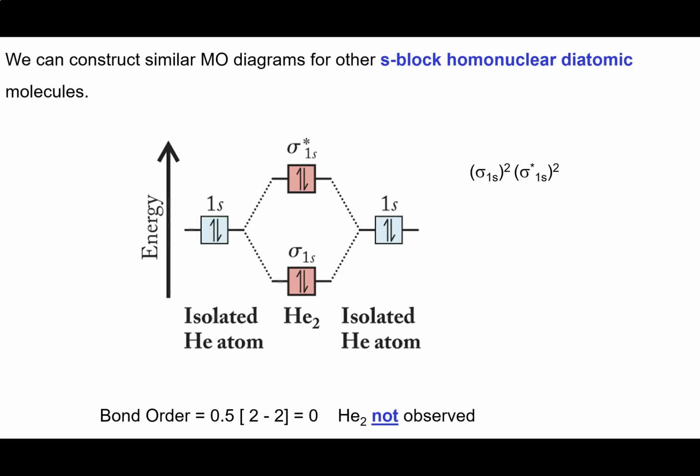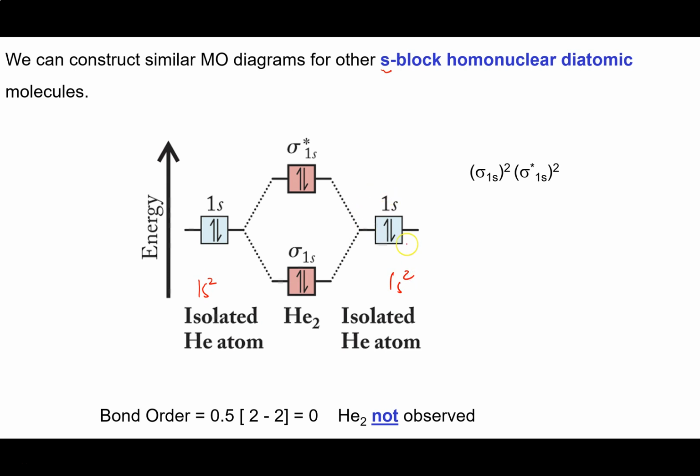So we can do the same thing for other elements that are in the S block of the periodic table, or even in the P block of the periodic table. But if we look at, say, helium, when 2 helium atoms come together, we know from experience it doesn't form a molecule. Molecular orbital theory can explain that. So a helium atom has electron configuration 1s2.